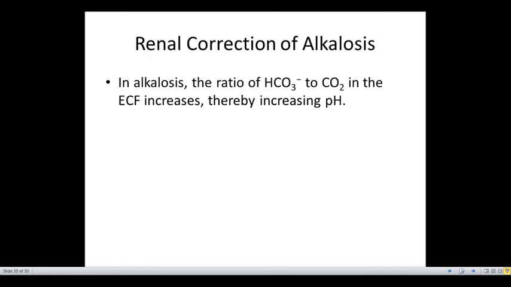In alkalosis, the ratio of bicarbonates to carbon dioxide in the extracellular fluid increases, thereby increasing the pH.